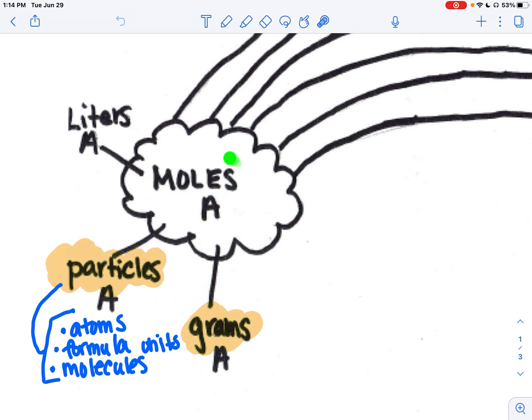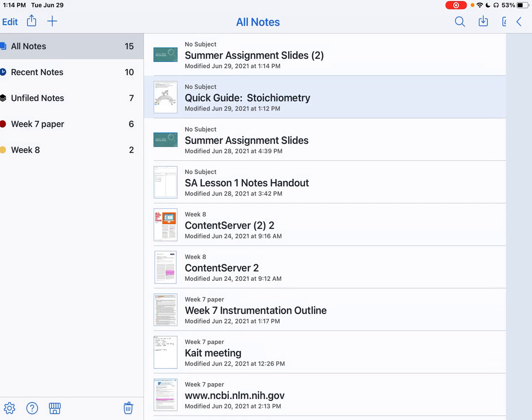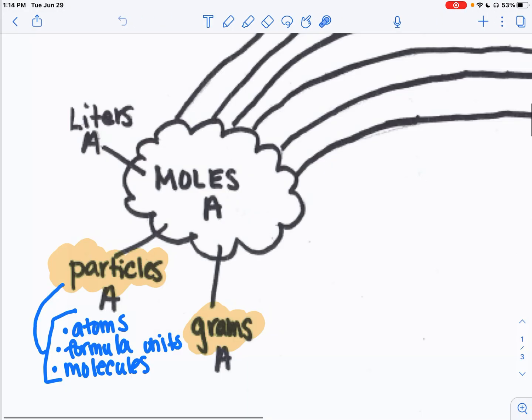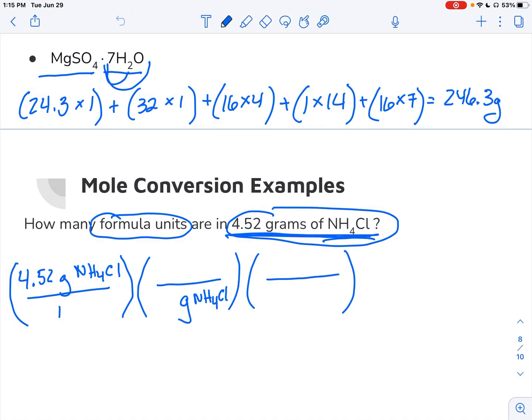So this is what goes on top of our second factor. And this diagram is meant to apply to all problems. So you're never going to see the second part of the unit there, and that's okay. You just need to remember because it's very important. So we're going to put moles of NH4Cl on the top.